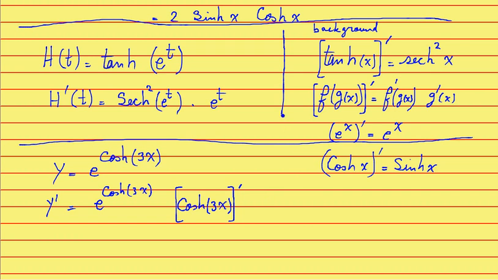Perhaps using a different formula might be easier for you. The general format of this formula, when you mix it with the chain rule, is typically written like this: exponential of u. If you want to differentiate that, it is exponential of u times u prime. What's the meaning of this? u is some complicated function of, say, x.